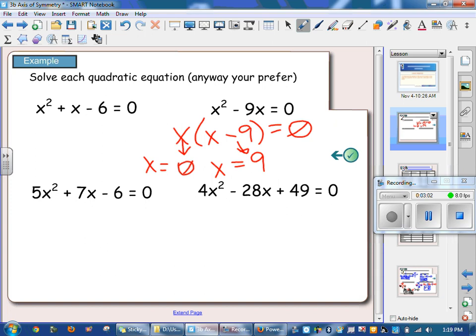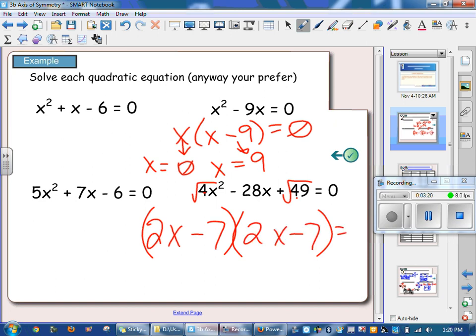Now, the one on the right-hand side here. What do you notice about 4 and 49? They're both perfect squares, aren't they? So if I do this, and I open two brackets, I'm going to have 2x minus 7 and 2x minus 7 equals 0. Now, that means it's only touching once.